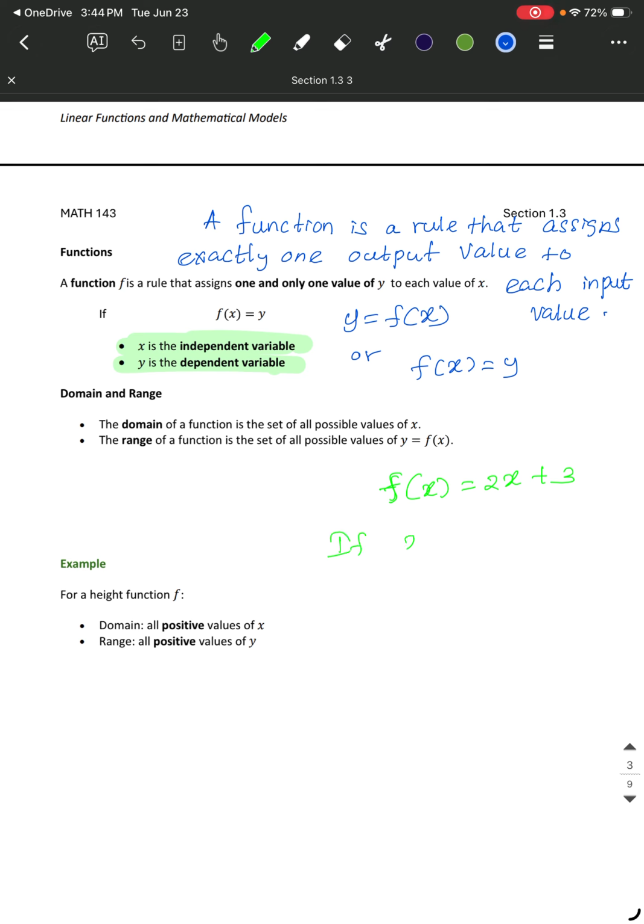If x equals 4, what happens? So if x equals 4, then f of 4, substitute 4 into x: 2 times 4 plus 3, which is 11. So the function assigns the value of 11 to the input value 4.